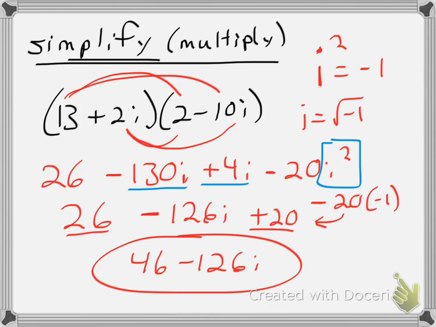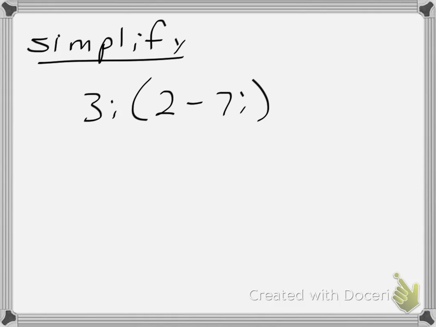Let's try another one. This time, I'm asked to simplify, and I'm essentially distributing. I'm taking my 3i and multiplying it to both my terms. 3i times 2 gives me 6i. 3i times negative 7 gives me a minus 21i squared. Again, I have i squared because i times i.